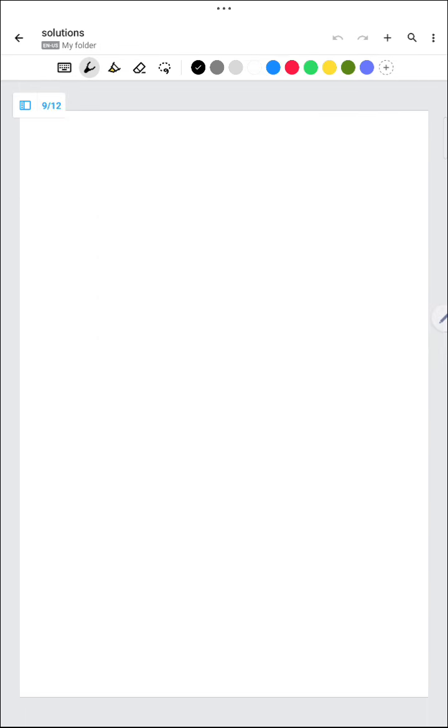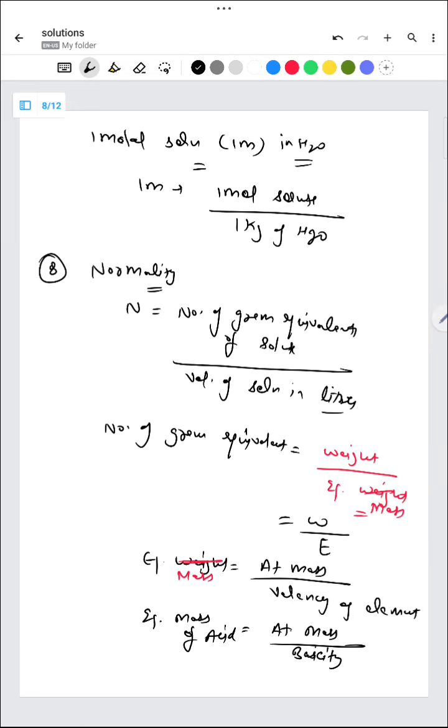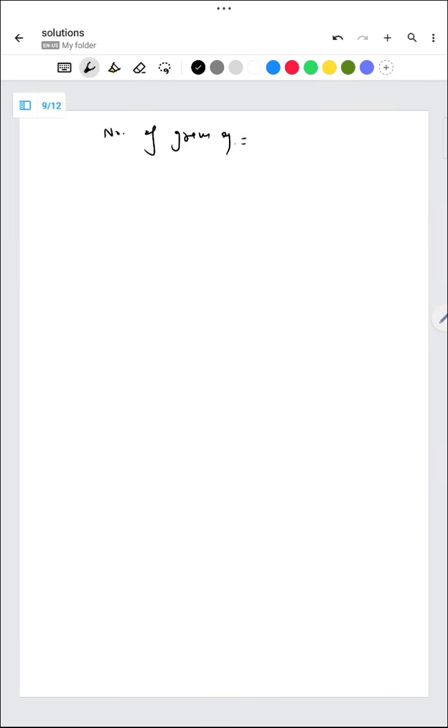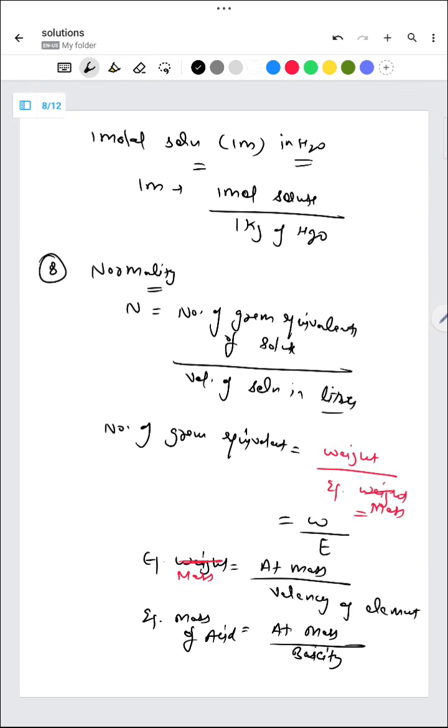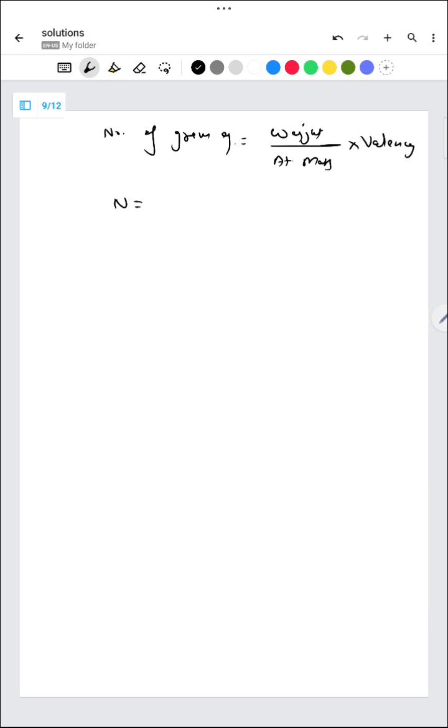So now the number of gram equivalents will become weight divided by atomic mass into valency. Now put this in the formula of normality, which was the number of gram equivalents of solute divided by the volume of solution in liters.